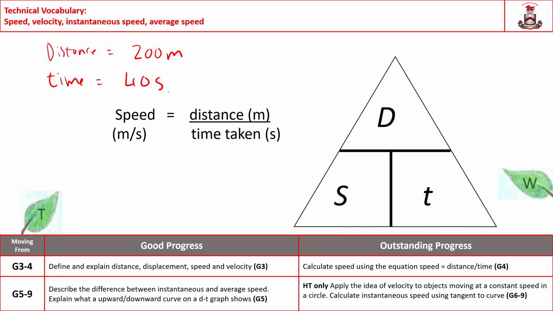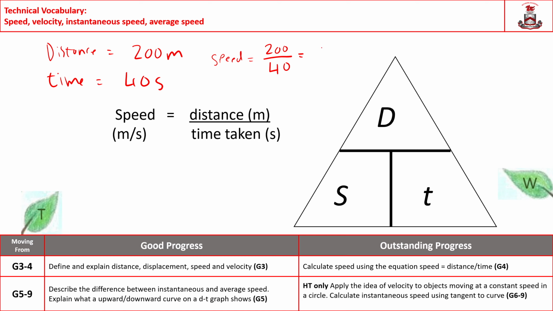Well, using this equation, speed equals distance divided by time taken, we can do speed equals the distance, which was 200 meters, divided by the time taken, which is 40 seconds, and that equals, let's see, get my calculator out because my brain has gone completely blank. 200 divided by 40.